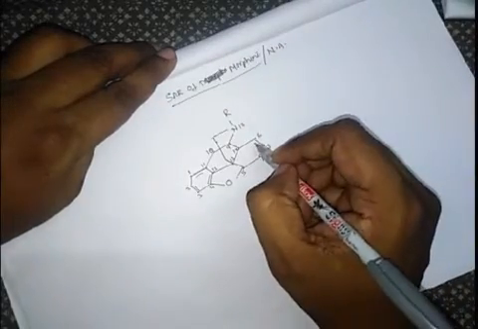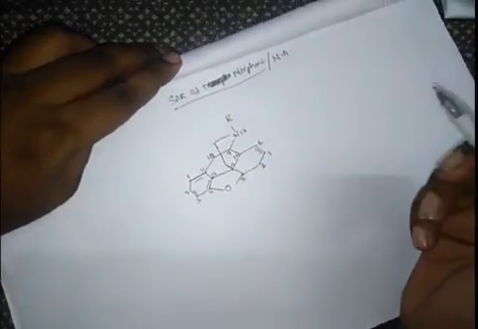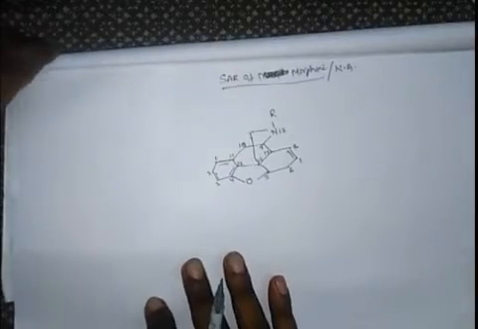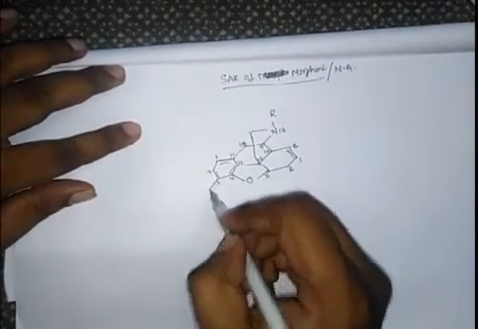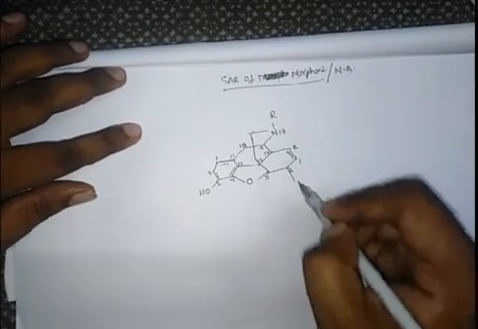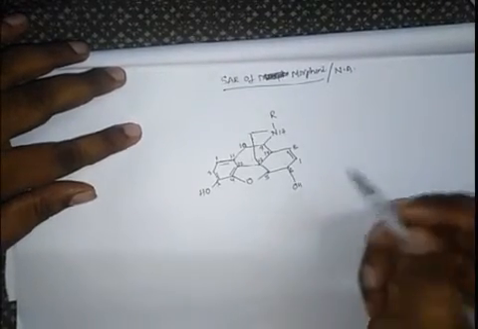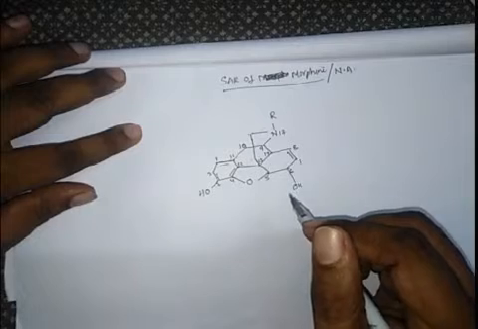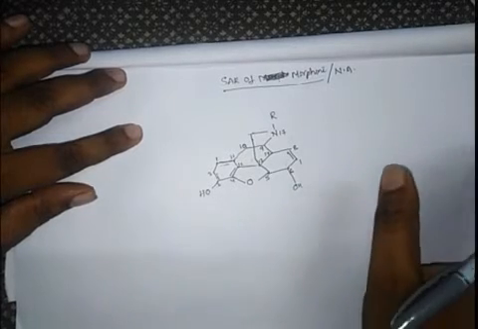There is a double bond between the 7 and 8 carbons. There is an OH group here, called the phenolic OH group. There is another OH group in the 6th position, that is the alcoholic OH group. This is the structure of morphine.